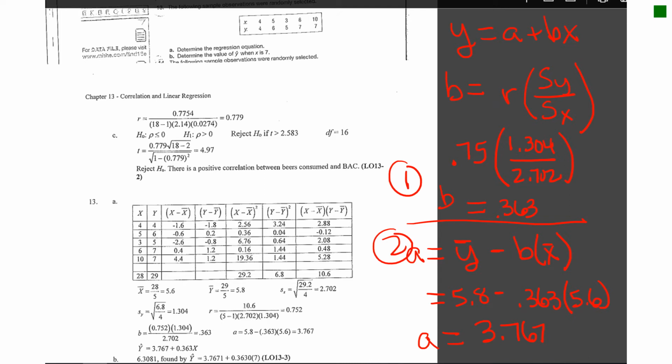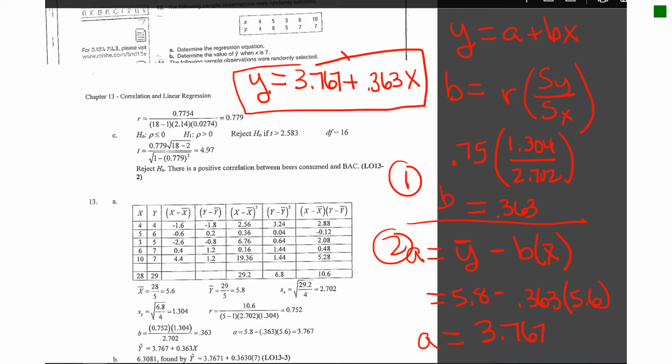Now, once you've done all that, you can simply plug it into your equation, which will be y is equal to, in this case, 3.767, which is your y-intercept, plus your slope, which we just said was 0.363, multiplied by x. So that would be your answer to letter a. And then the second question says, determine the value of y when x is 7. Well, that should be pretty simple.